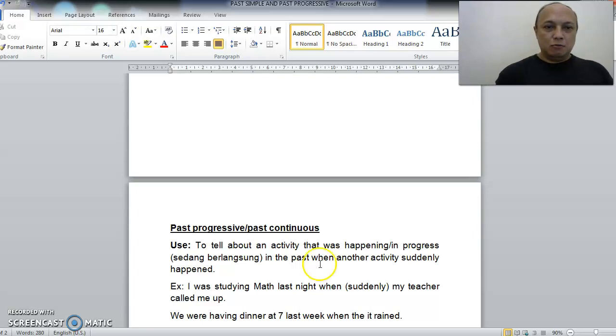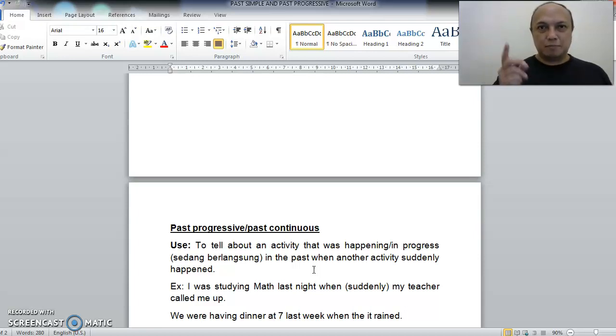When another activity suddenly happened. So you have two activities here. One is something that was going on, something that was happening, and then suddenly another activity or another event happened during the first event or the first activity.